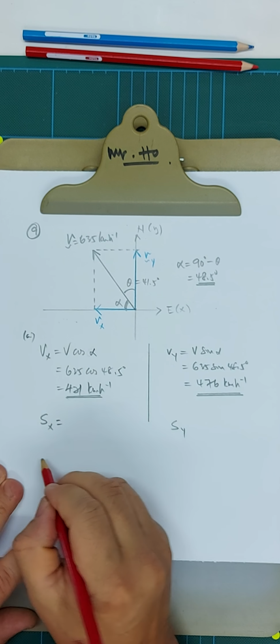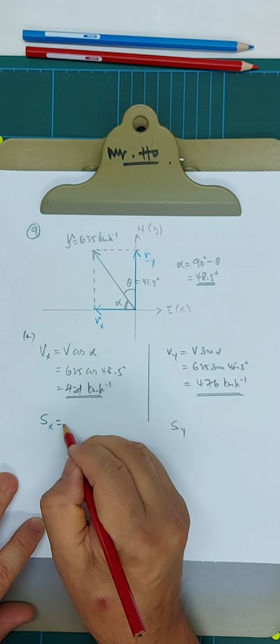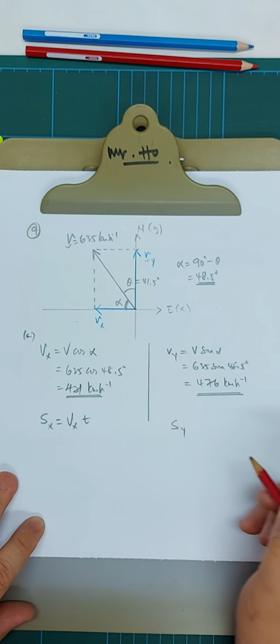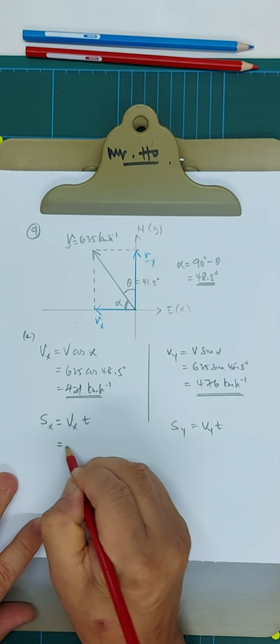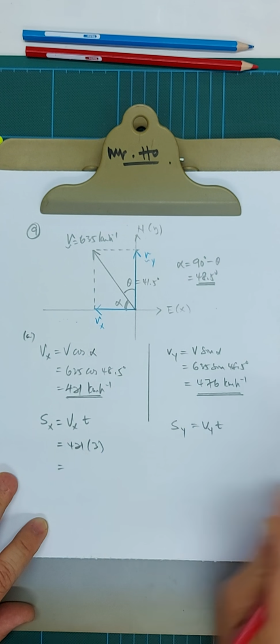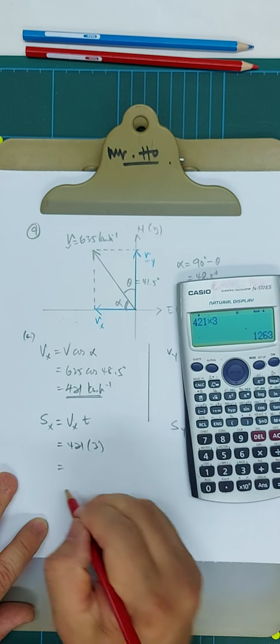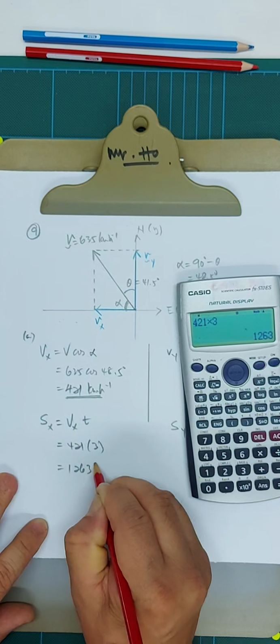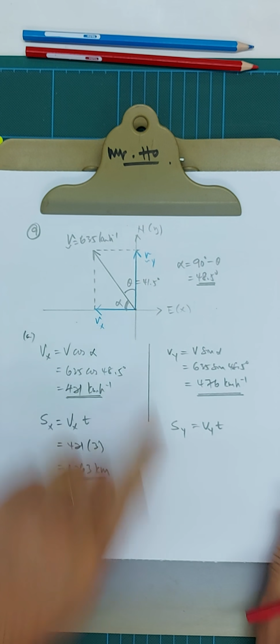So this one is 3 hours, so you're using Vx multiplied by time. This one will be Vy multiplied by time. So this one will be 421 multiplied by 3 hours, and that will give you 1,263 kilometer. That is how far from the original position.